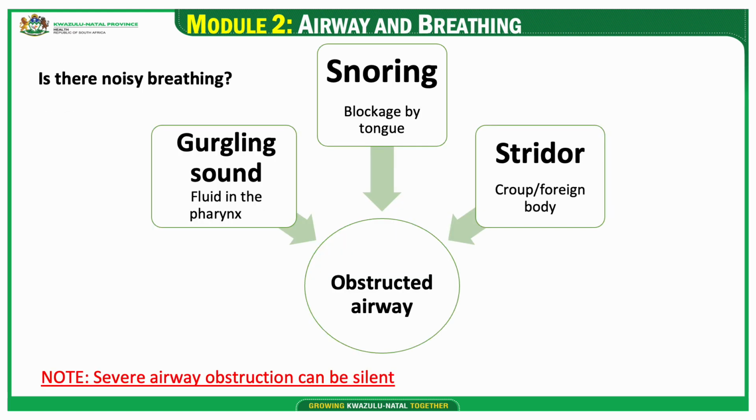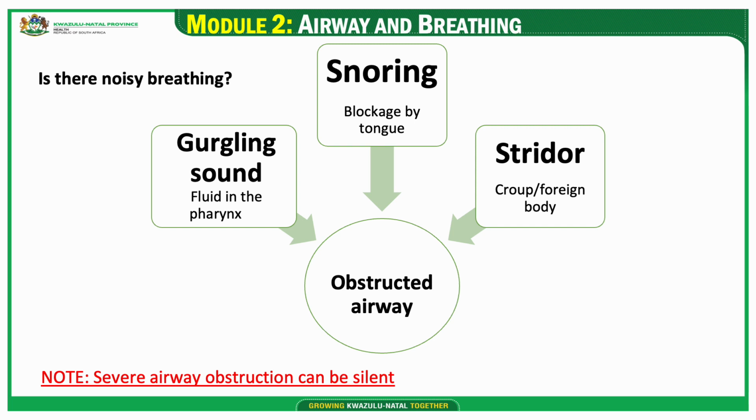We also assess if there's any noisy breathing. Noisy breathing could indicate an obstructed airway. Now, the obstruction can be caused by fluid in the pharynx, whether this be vomitus or blood or saliva. It could be from the tongue. So in patients with a depressed level of consciousness, the tongue can flop backwards into the airway and cause obstruction.